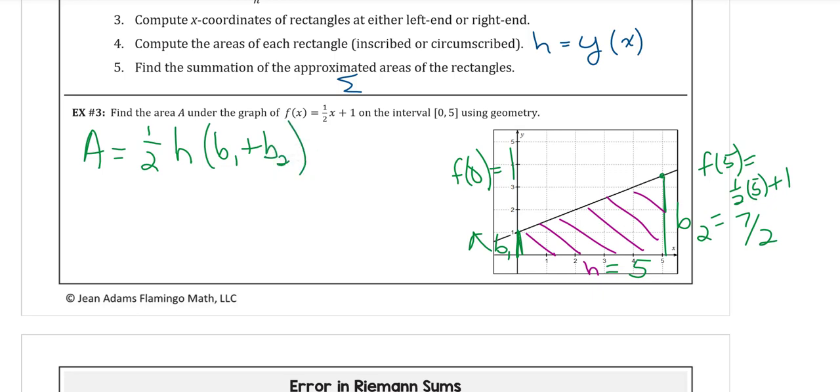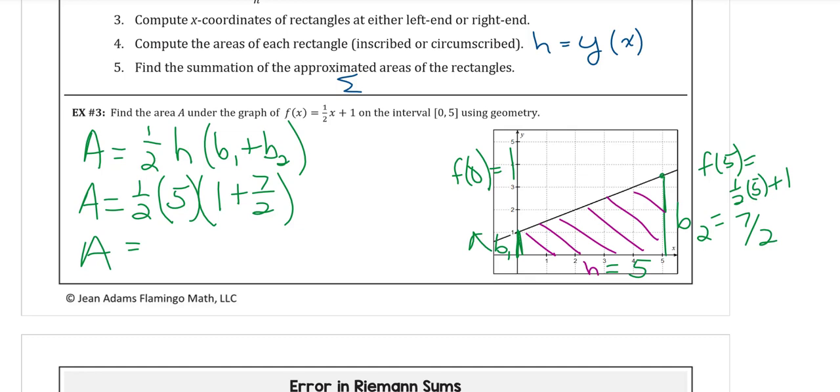That's the formula for a trapezoid. So my area is 1/2 the height, which is 5 units, times 1 plus 7/2. Multiplying this out, I get A equals 5/2 times 9/2, so I get 45 over 4 units squared.